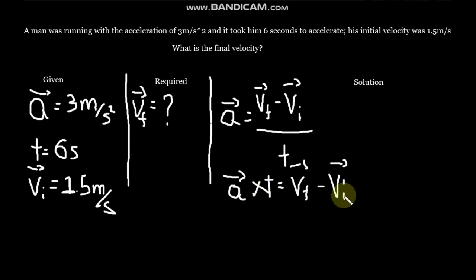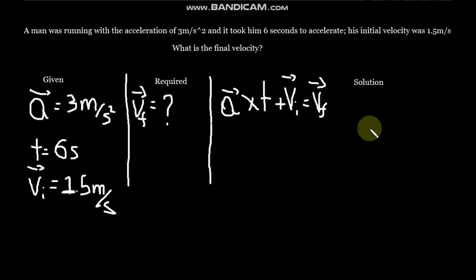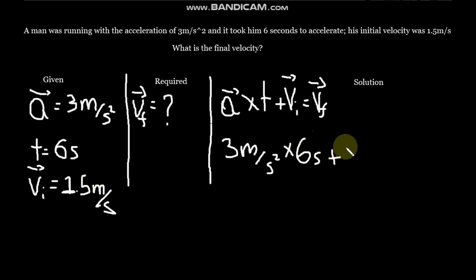So if you want to know the final velocity, all we have to do is take this to the other side, and we'll get this. So let's put the given ones into action. So it's 3 meter per second squared times 6 seconds, sorry, plus 1.5 meter per second equals the final velocity.